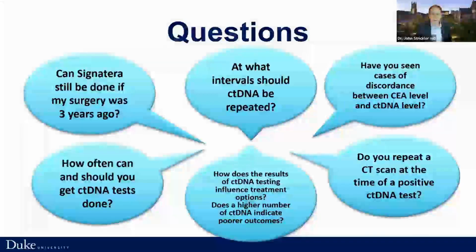And I can't give you a straight answer for how it would influence treatment options, because no two people have the exact same scenario in their lives. But usually I do not order the test unless I have a plan before I order it for what I'm going to do with the results. So it's important before that test is ordered and performed that we have a playbook in place for what to do if it's positive and what to do if it's negative.